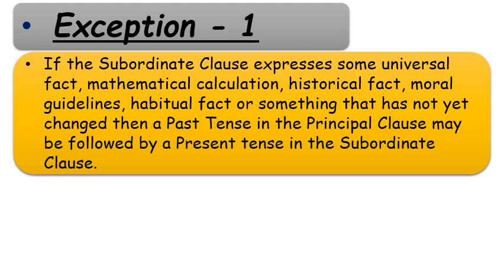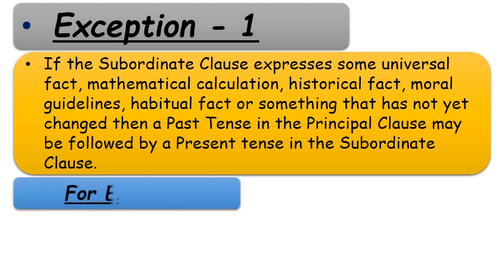Or we can say in a simple way, if the principal clause is in the past tense and the subordinate clause expresses a universal truth, mathematical calculation, historical fact, moral guidelines or habitual fact, then we use present tense in the subordinate clause.